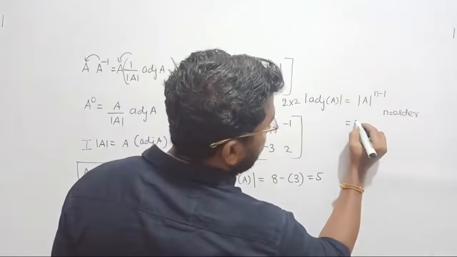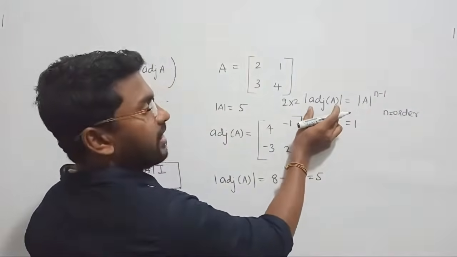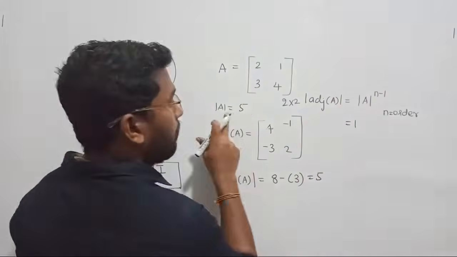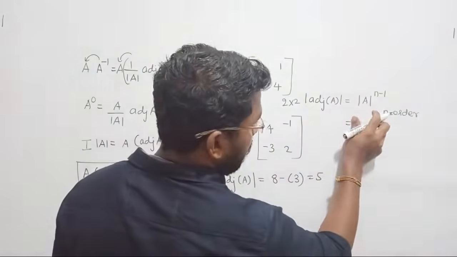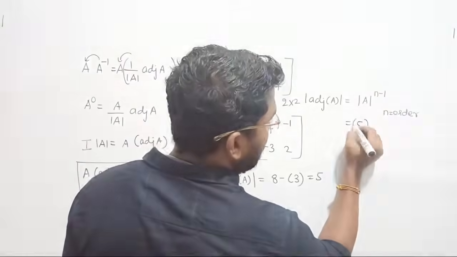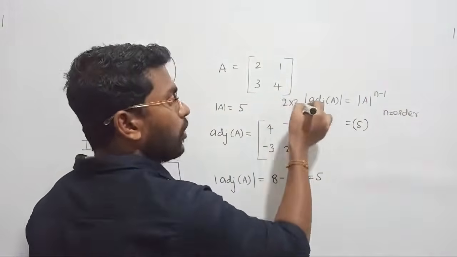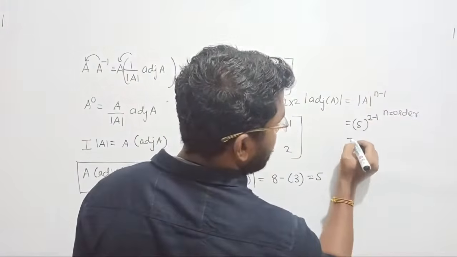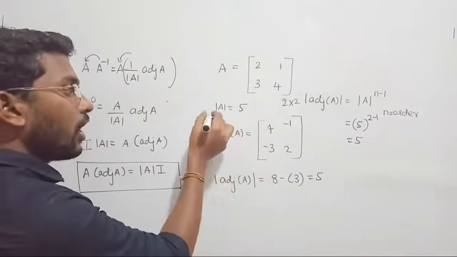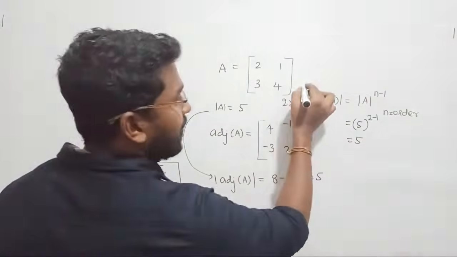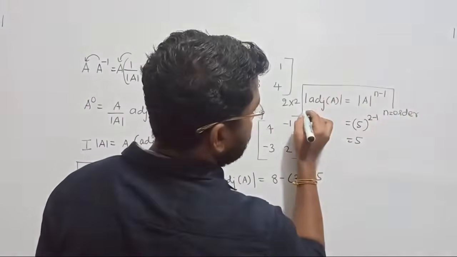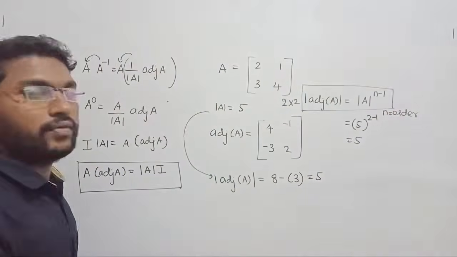So the order is 2, so 2 minus 1. That is going to be the answer. That is how we are getting this one. That is the actual relation between these two.